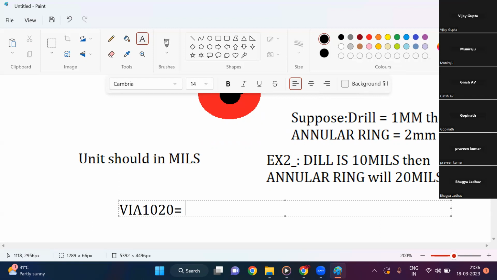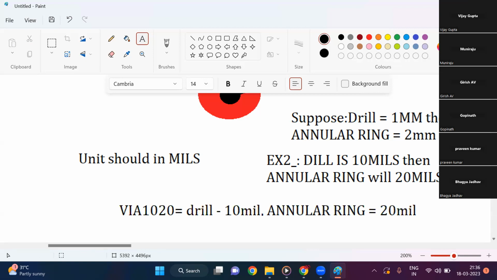Say something. Via 10 20 means what? 10 mil hole and 20 mil annular ring. Yes, drill equals 10 mil and copper 20 mil. Via 10 20.